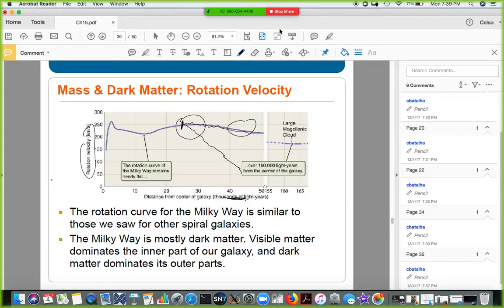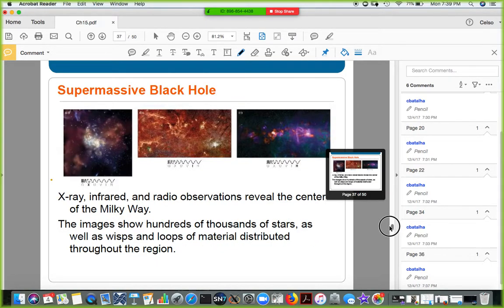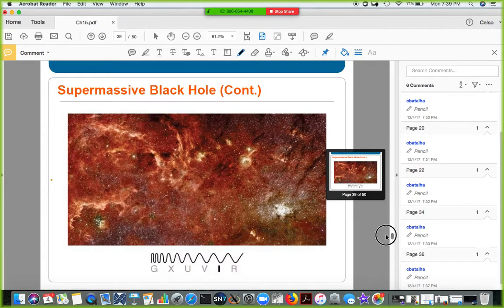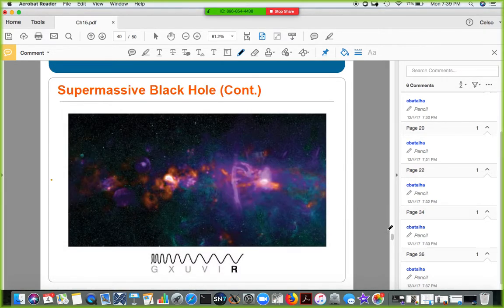There are other candidates like small planets that never formed. They are called massive compact halo objects, MACHOs. What is a MACHO?